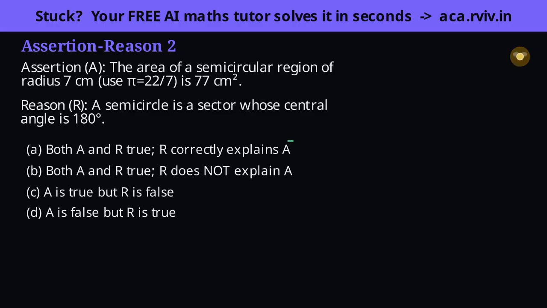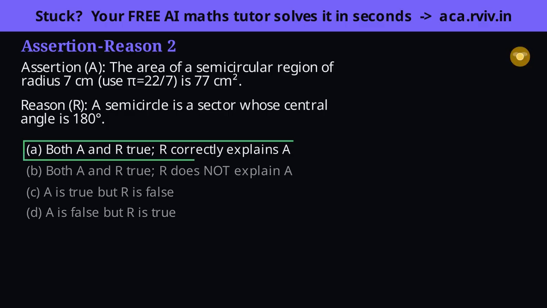A straight across half circle is exactly a 180-degree sector, since 180 is half of 360. Believing that, the area is half of pi r squared, half of 22 over 7 times 7 squared, 49, the 7's cancel to 154, and half is 77.